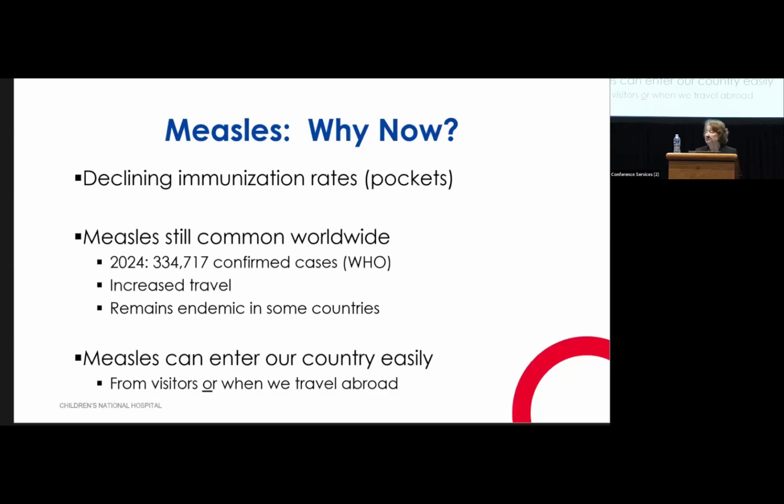Measles also is still very common worldwide. Just last year, there were 300,000 cases confirmed by the WHO, and we are all traveling more. People also are immigrating to our country, and we have people who are visiting countries in which measles has been endemic. So measles can enter our country very easily through visitors and through us traveling.